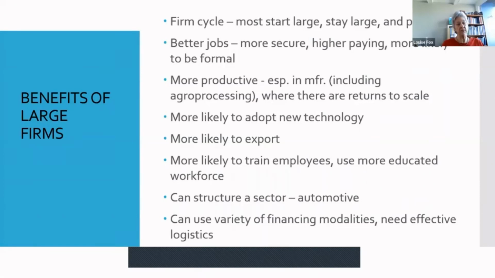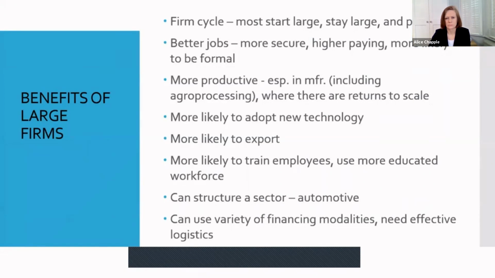If you think about the automotive sector, for example, you have large firms that make cars, right? Firms that employ a lot of people. Then they structure their suppliers and the auto supply sector. Some of those are large firms, some of those are medium firms.